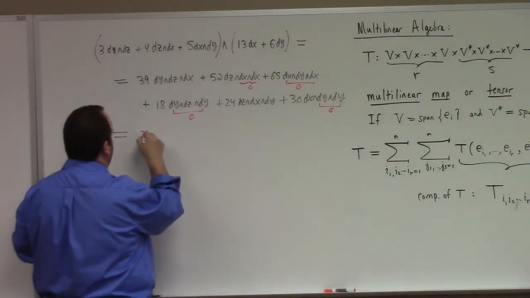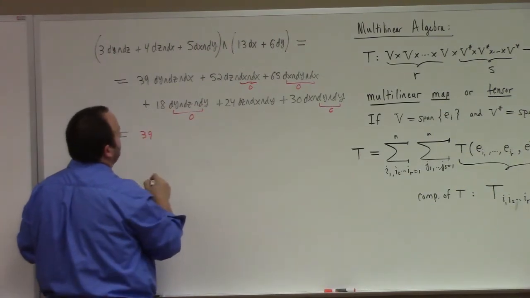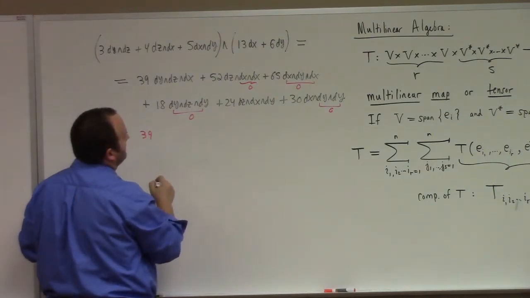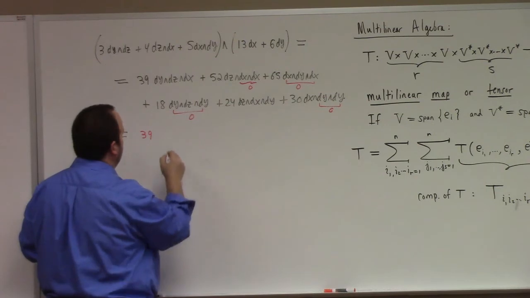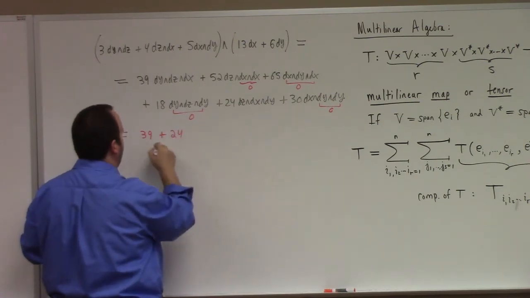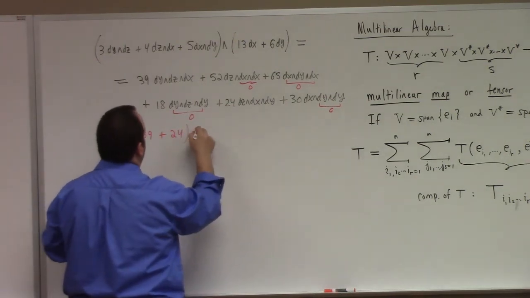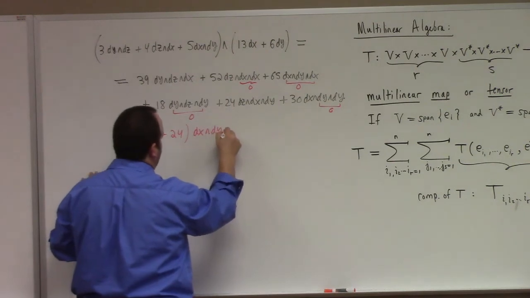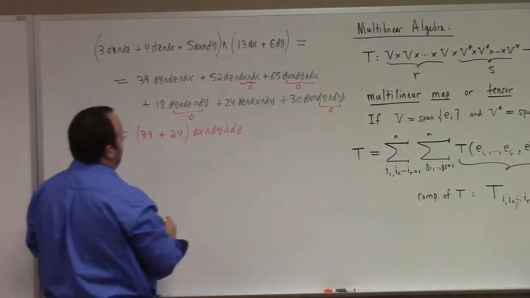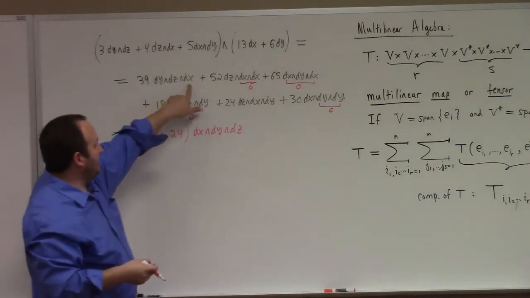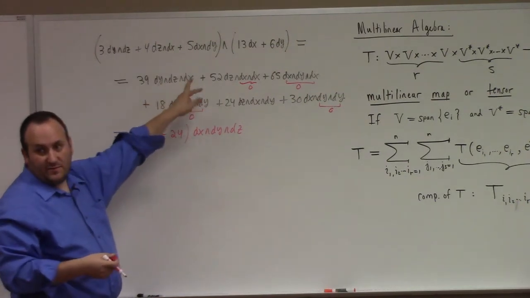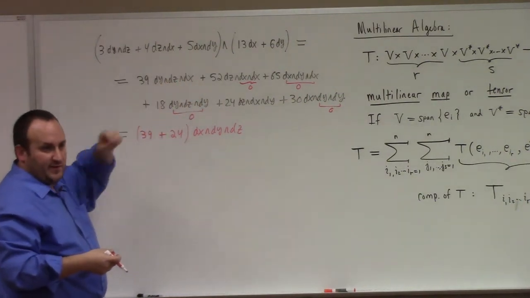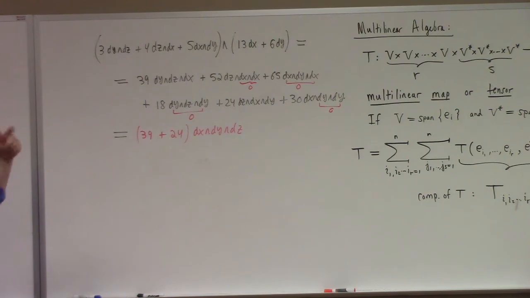We get 39 plus 24, right? dx wedge dy wedge dz. You notice that I put the dx in the front. I have to do 2 flippy flops, which gives me a net of plus because every flip is a minus. So two flips is plus.